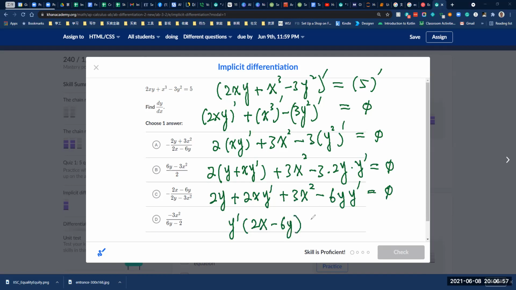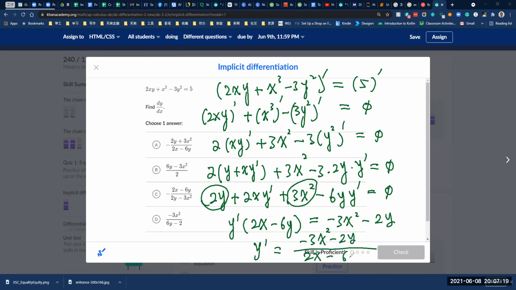And then everything else we move to the right. So we have to move this one and that one to the right. So that becomes negative 3x squared minus 2y. So therefore, y prime is equal to negative 3x squared minus 2y. Bottom is 2x minus 6y.